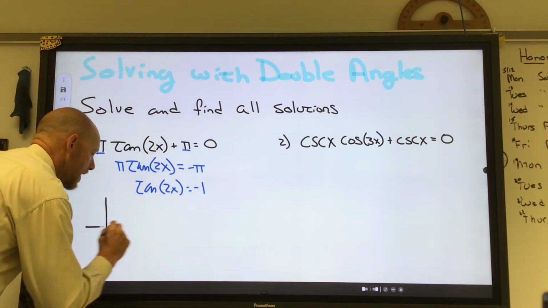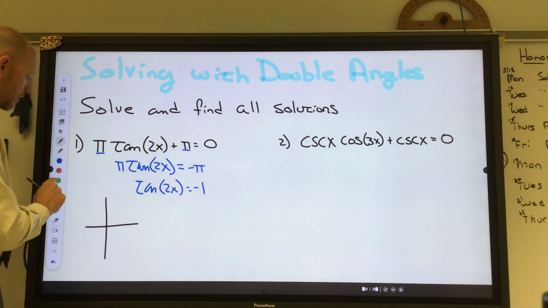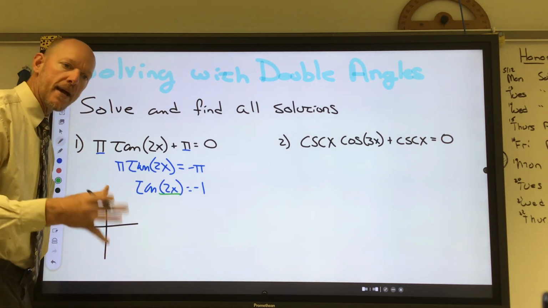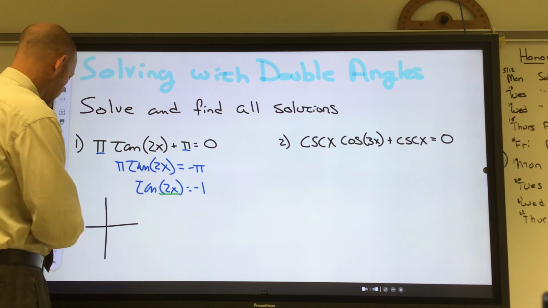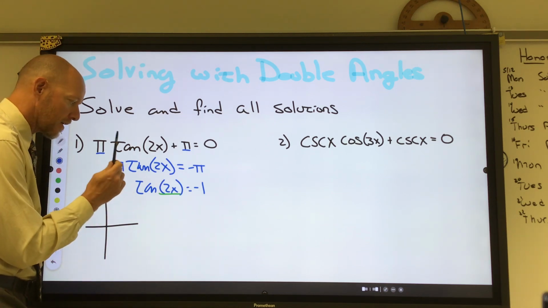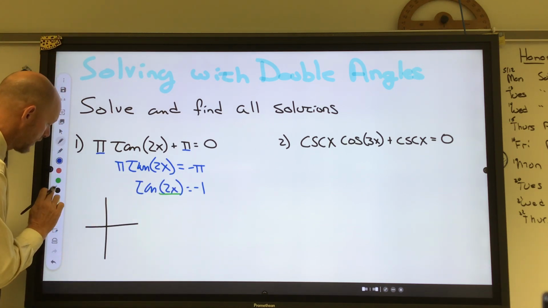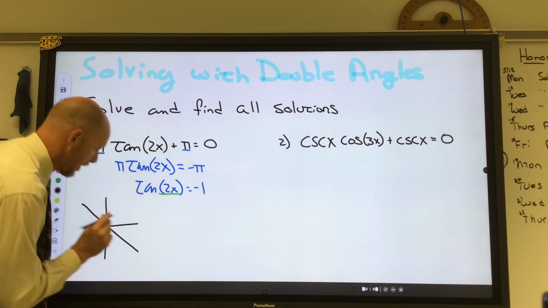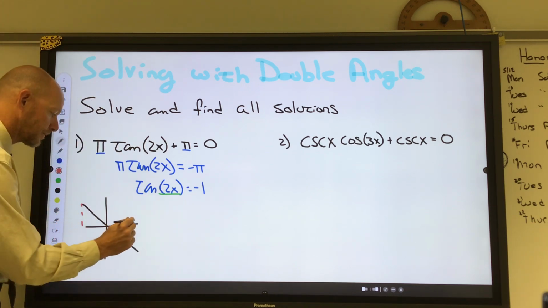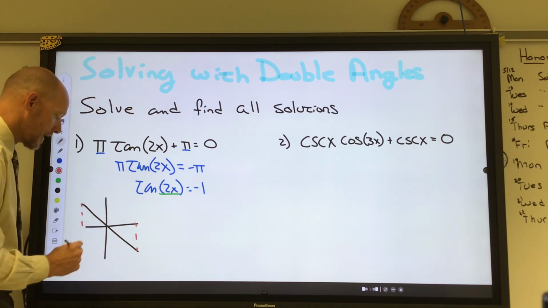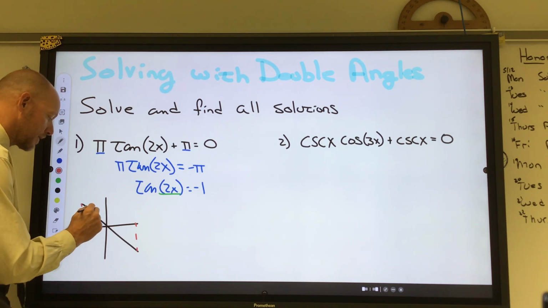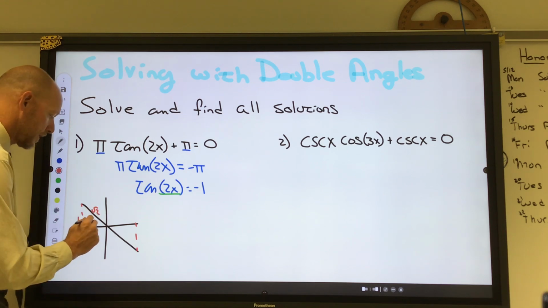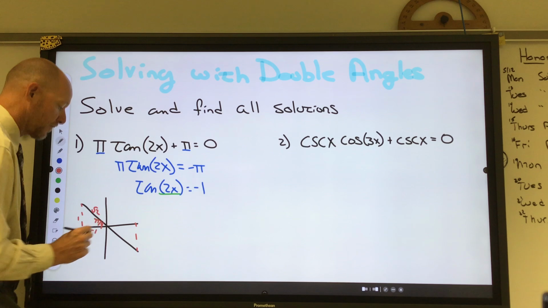So if I take a look at this, I'm going to treat 2x just like I treated x previously. And what I mean by that is I'm going to say tangent is negative in quadrants 2 and 4. Based off of it being negative, I know I have a -1, 1, square root of 2, or in other words, my reference angle is pi over 4.